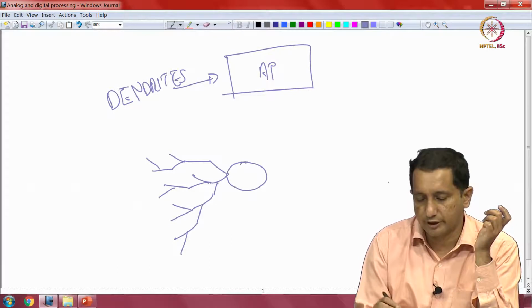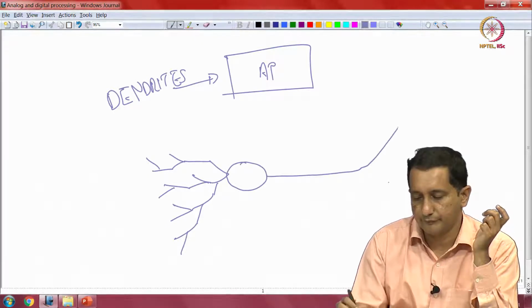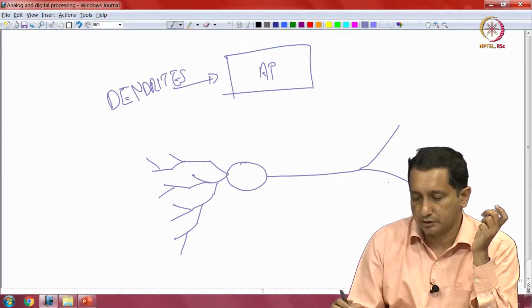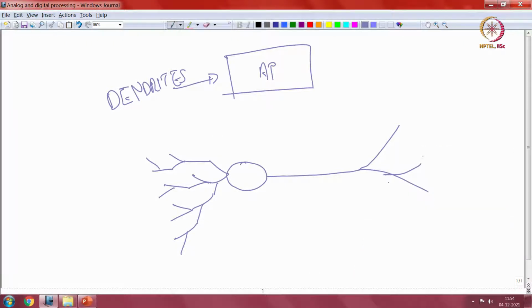And you have got a cell body. Even for the axon, it can be 2 or 3, of course, but you should remember that it is lesser. So, we have so far discussed that you have EPSPs, IPSPs, then you have action potentials.